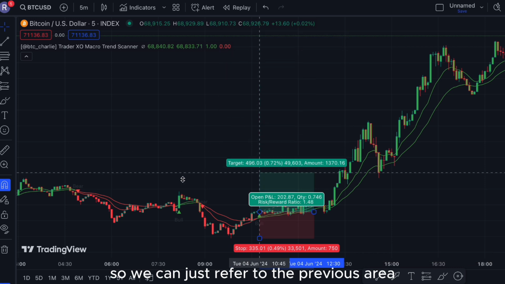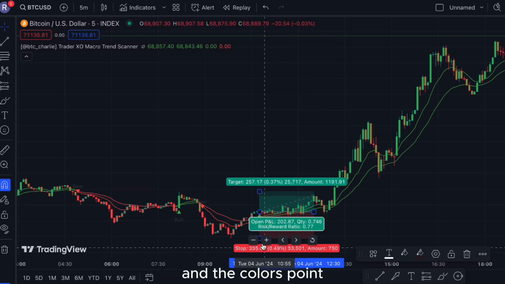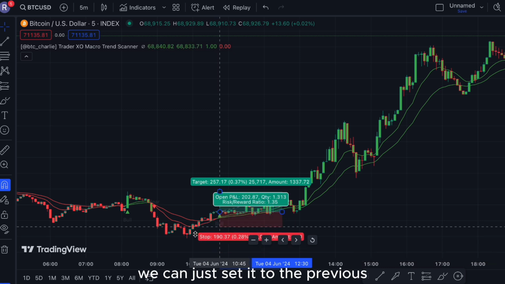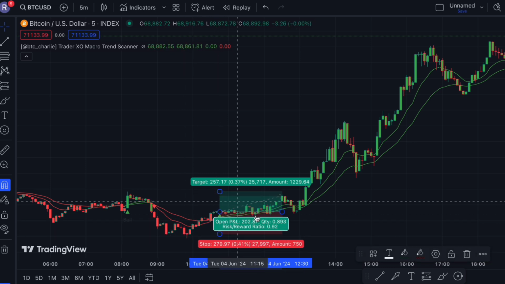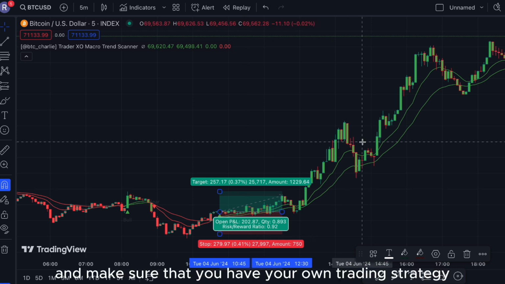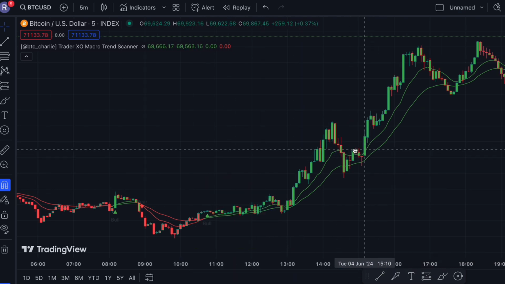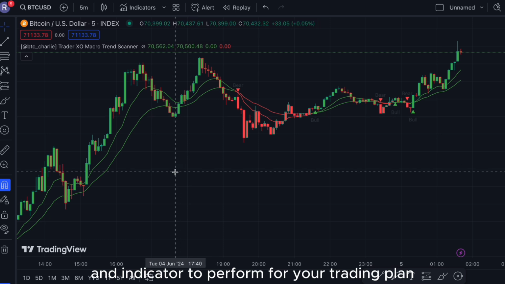So we can just refer to the previous area, and set the cut loss point at the previous one. We can use this to strategize our trading plan, and make sure that you have your own trading strategy and indicators for your trading plan.